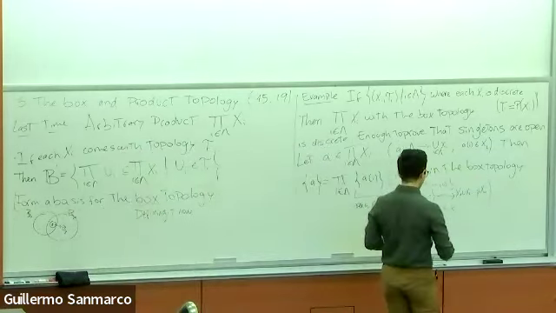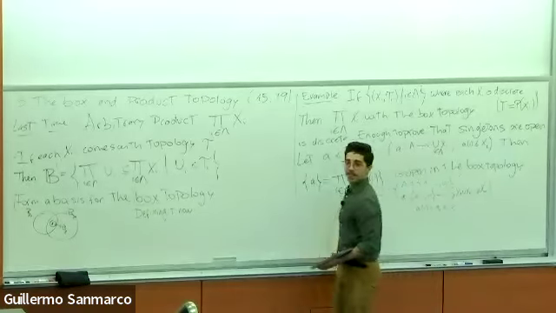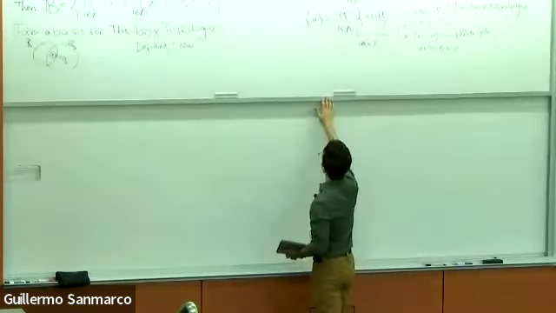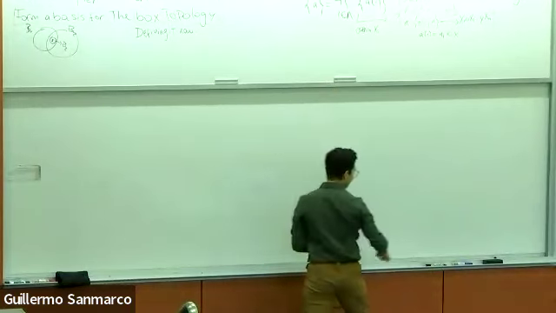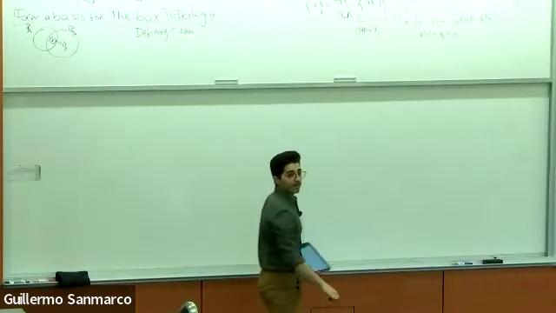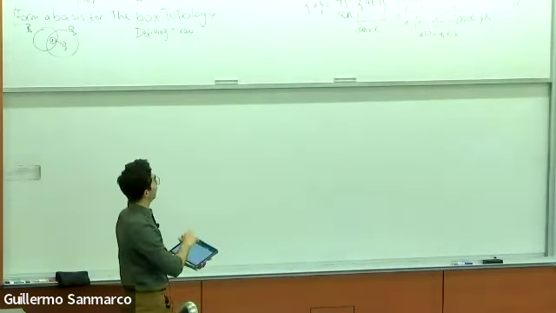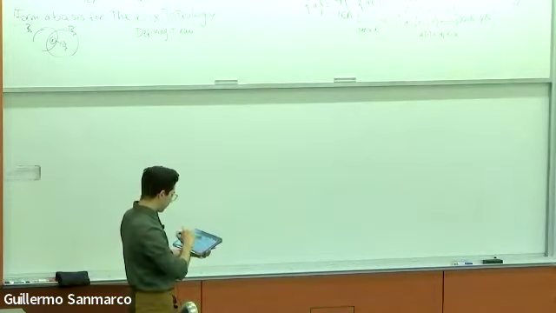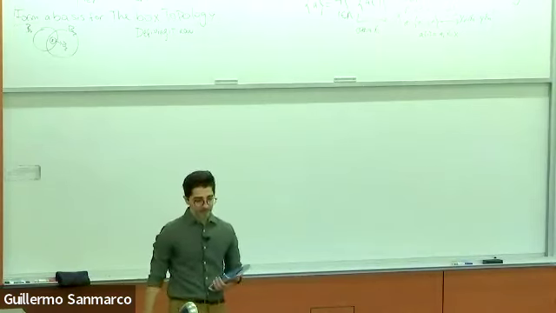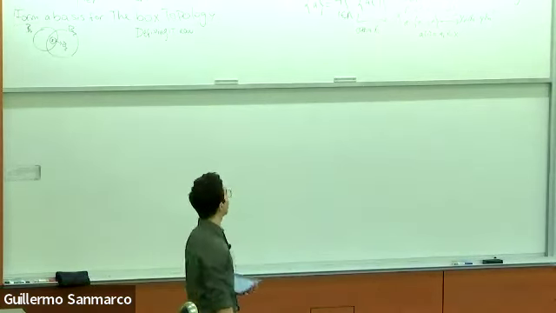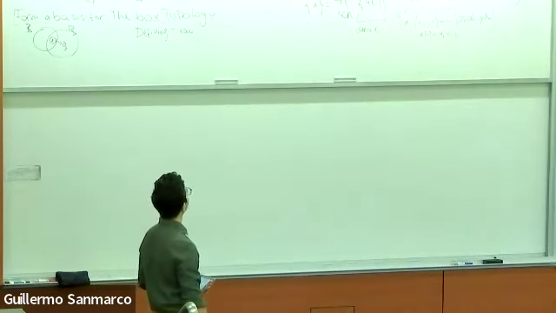Okay, are we good? So that's just one example. So what's going on here? What's going on is I defined the topology on the product set.